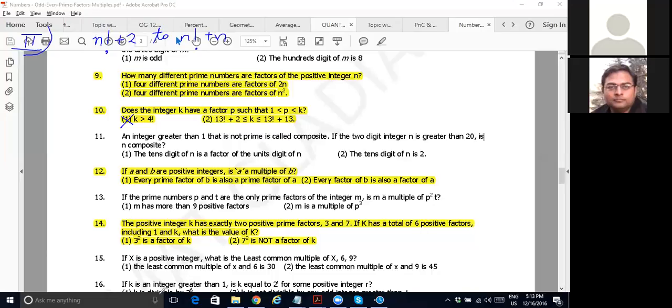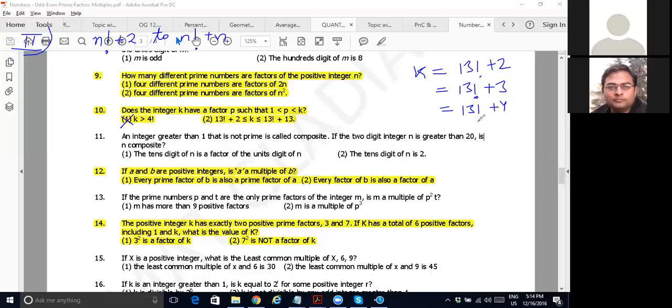Okay, hold on. So 13 factorial is 1 until 13. Plus K can have any values between 2 and 13 inclusive, plus 13. So K is the complete value. 13 factorial plus 2 is the value of K. Oh, you know how I'm reading this? I was reading it wrong.